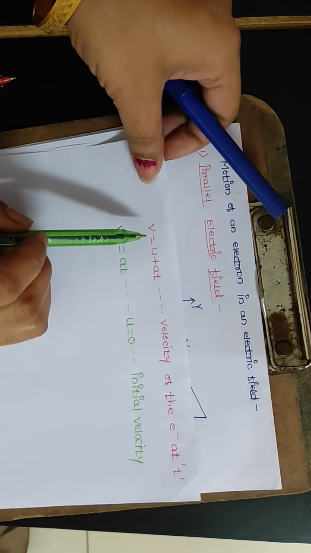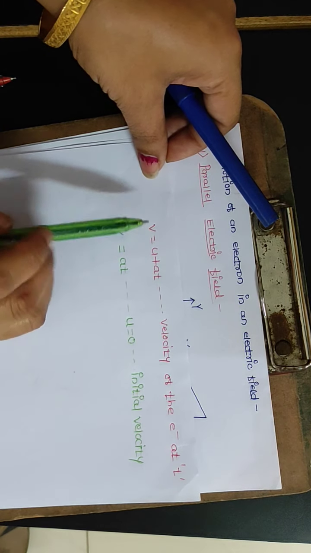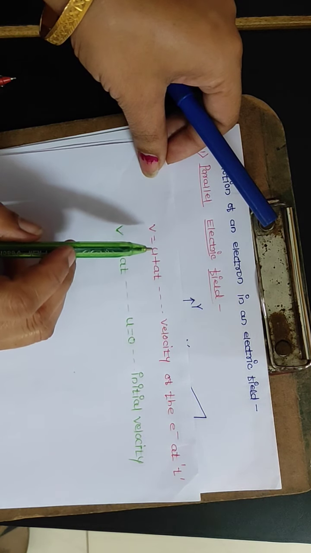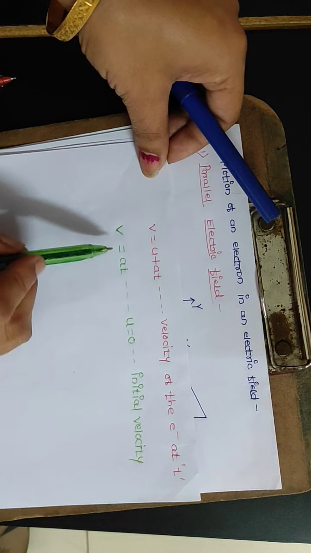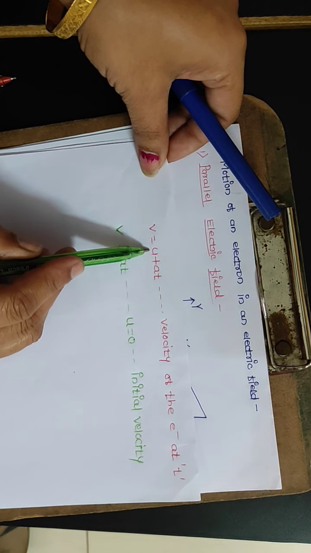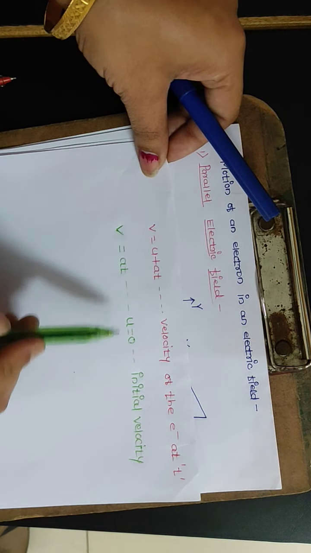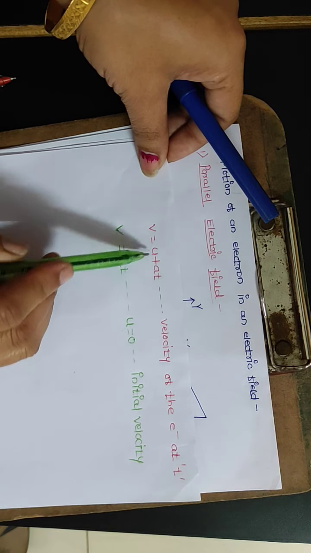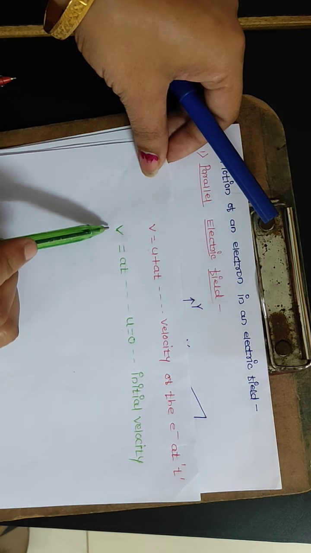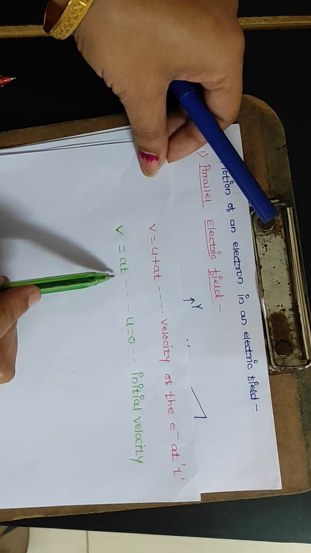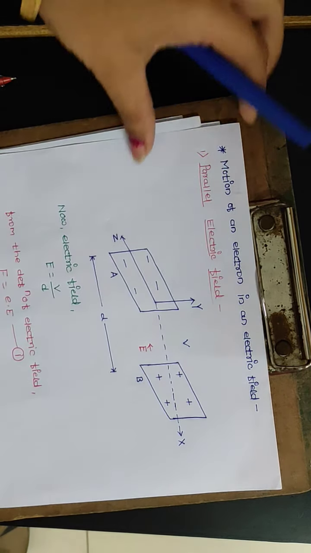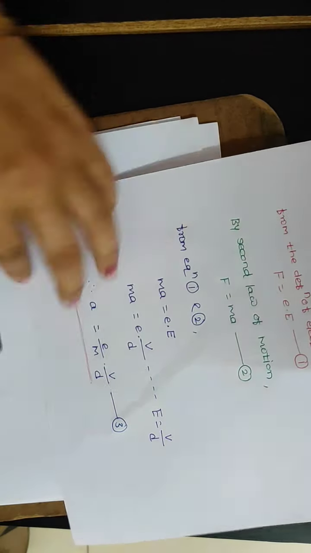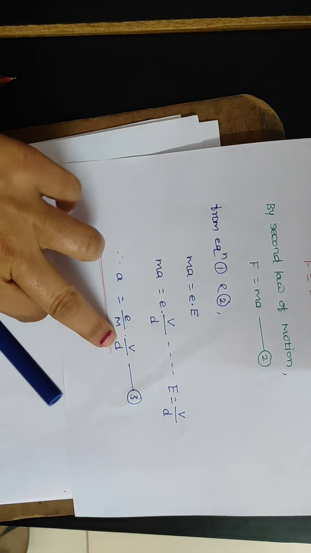The electron starts from plate A, having negative charge, at rest, and therefore the initial velocity u is equal to 0. By putting u is equal to 0, this equation becomes v is equal to a t. Now in this equation we put the value of acceleration a, that is e by m into V by d.